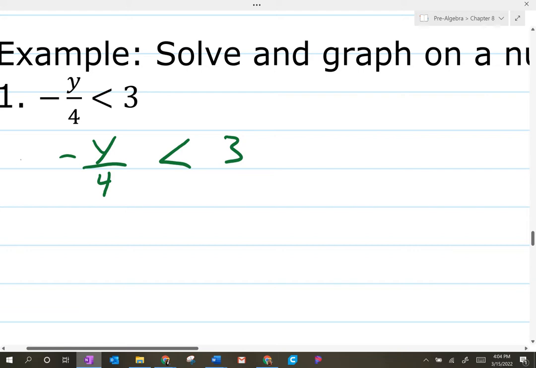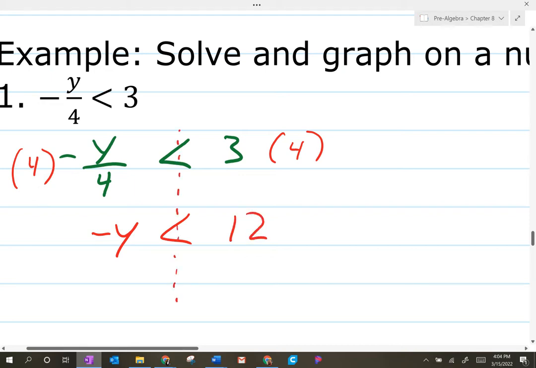Right now it's saying divided by 4. The opposite of dividing by 4 is multiplying by 4. And yes, I do see the negative sign. I just want to show you in 2 steps first. So 4 times the reciprocal, divided by 4, those cancel out, and I'm left with negative y is less than 3 times 4, which is 12.